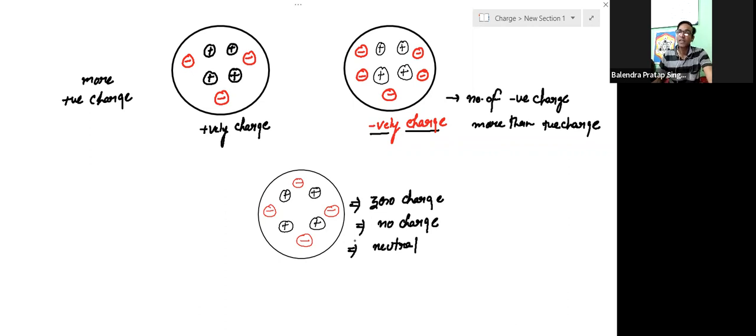Whenever you rub a glass rod with a silk cloth, the glass rod gets positively charged, because some electrons get transferred from the glass rod to the silk cloth. So I'm again repeating, electrons always get transferred from one body to another, and which body loses electrons depends on what kind of material the body has.